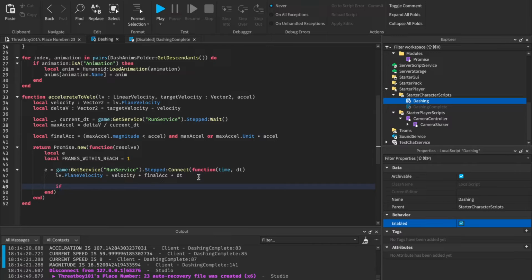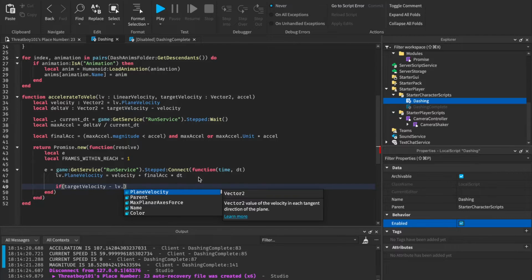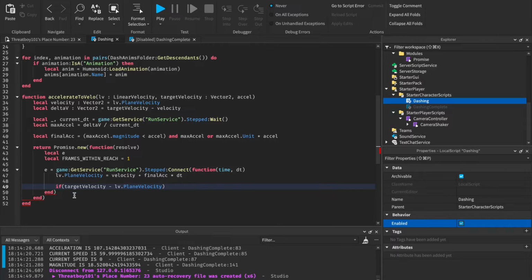And now we have to test if we have reached our target velocity. So we're going to take target velocity and subtract plane velocity, and see if that magnitude is less than acceleration.Magnitude times dt times frames within reach.